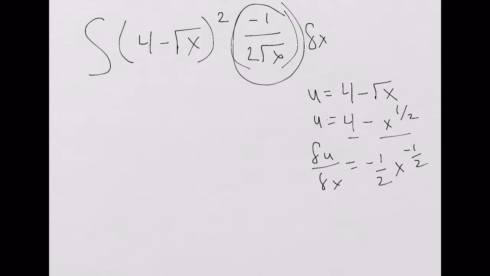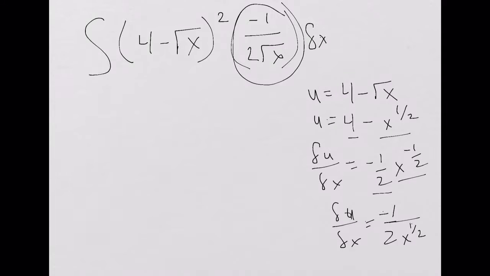We see that the derivative of u with respect to x, I could actually substitute that in, because du dx is equal to this negative 1/2. Instead of writing x to the negative 1/2, I could put x to the 1/2 in the denominator, getting rid of the negative exponent. So they are similar to each other.